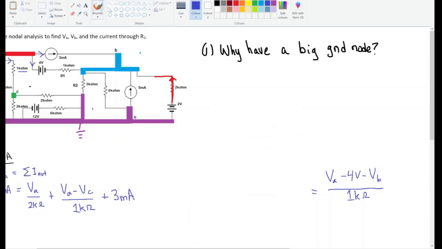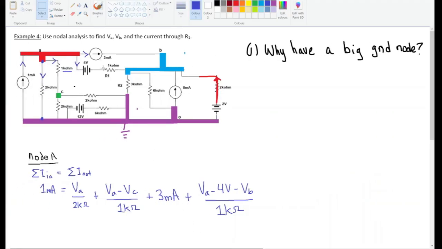Okay, so almost there. We're going to have VA minus 4 volts minus VB over 1 kilo ohm. Do we have any other things here?